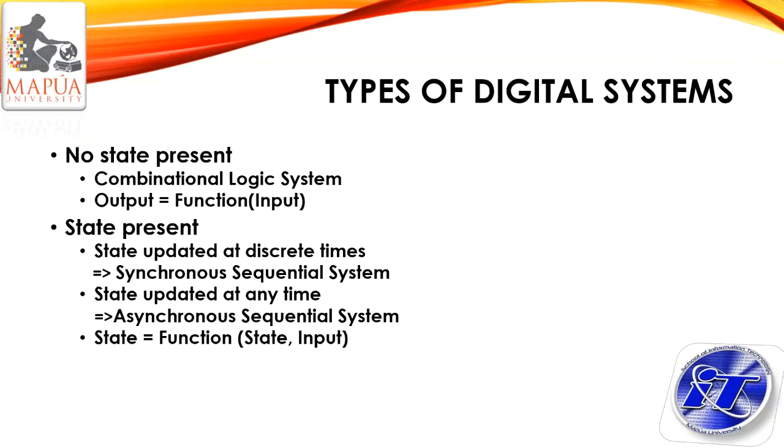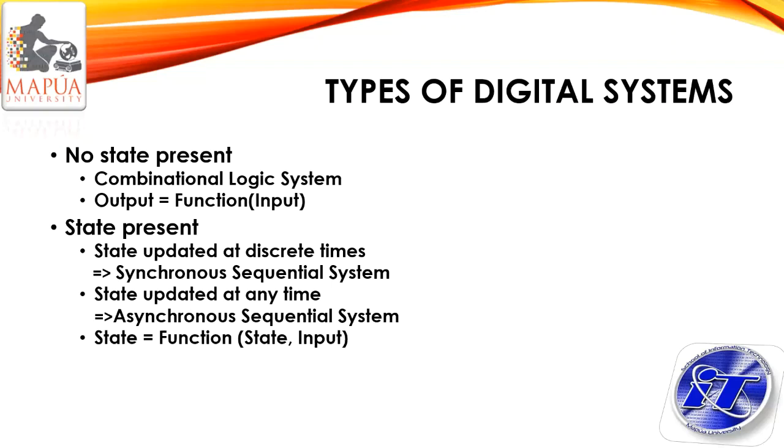So again, in state present, we have two types. Synchronous, time is a factor to determine the output. While in asynchronous, the state of the system together with the input will define the output. Okay, so that's the state present.